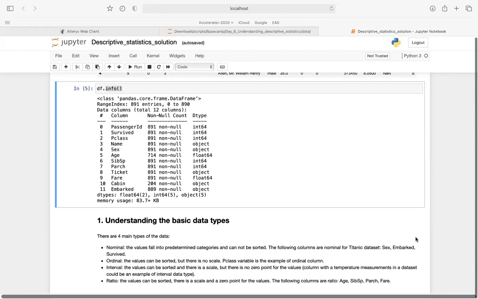We cannot do that. However, we categorize our data sets into predetermined categories like male, female, or colors like red, blue, yellow. Is that clear, guys? So we have different categories, but you cannot sort them. That's what we call nominal values.